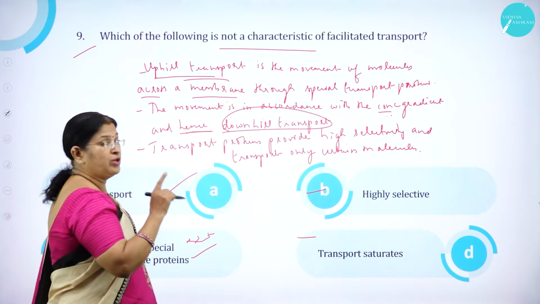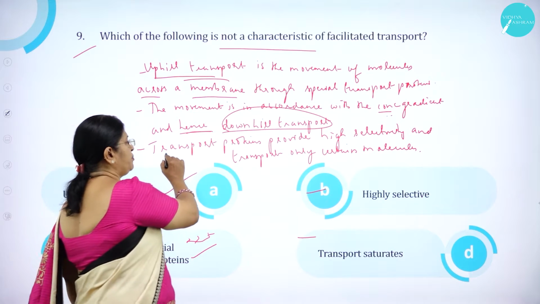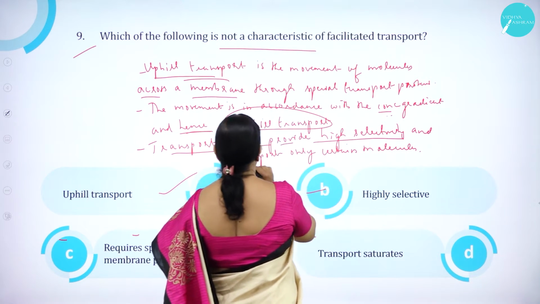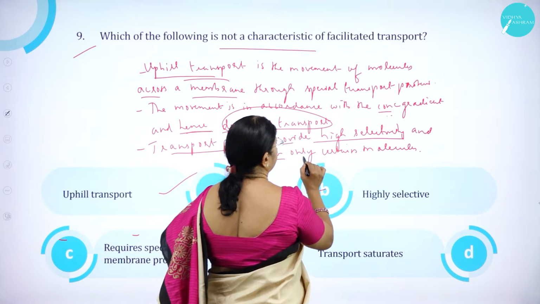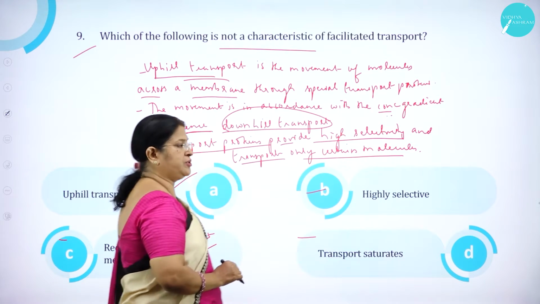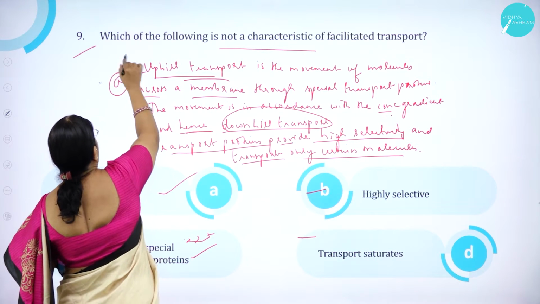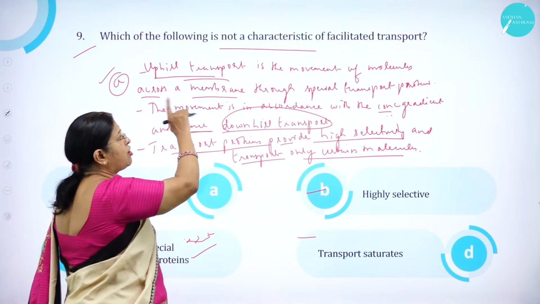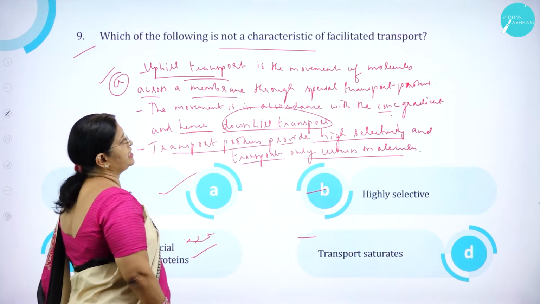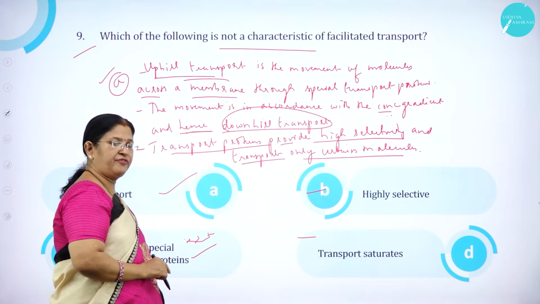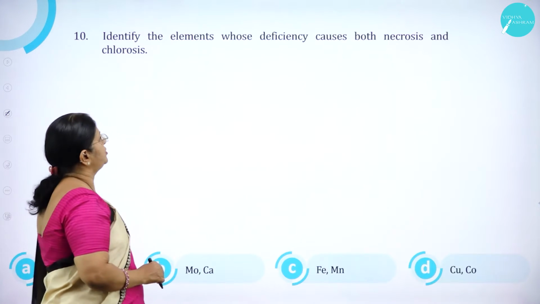Transport proteins provide high selectivity and transport only certain molecules. So option A is the answer. Uphill transport is not the characteristic of facilitated transport.